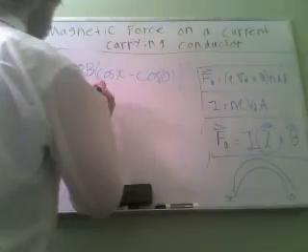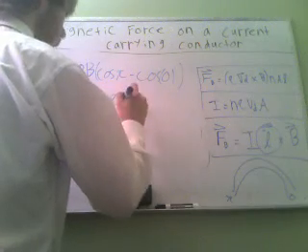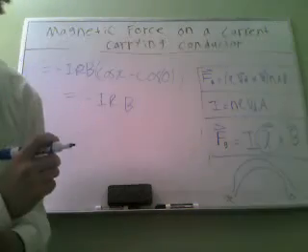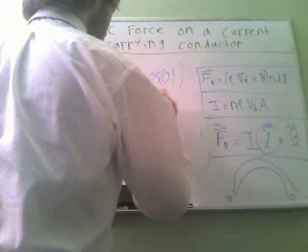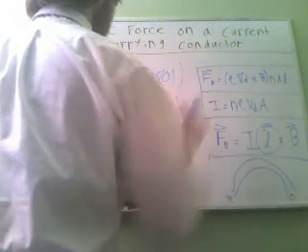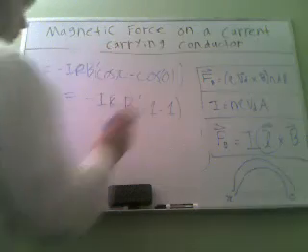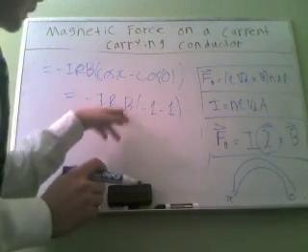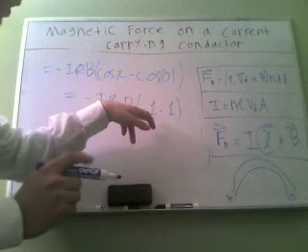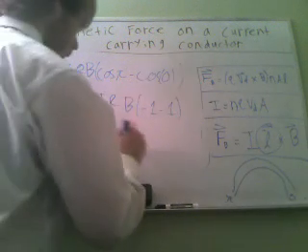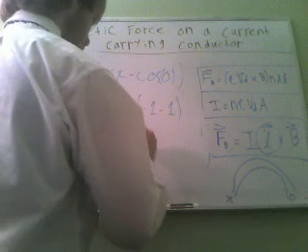And the answer is negative I R B, so negative current, radius, magnetic field, times negative 1 minus 1, and this is cosine pi minus cosine 0, negative 1 minus 1, so I R B, current times radius times magnetic field, times negative 2.